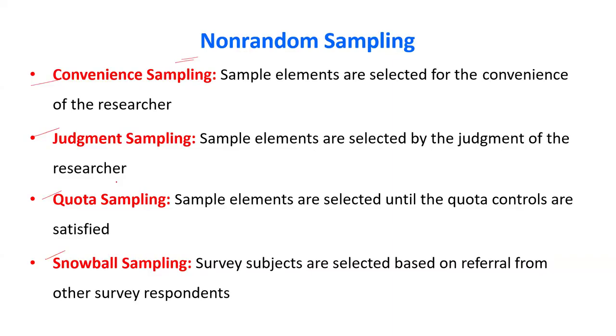Convenience sampling is where you select the sample elements based on your convenience, like your friends, your relatives, your neighbors. Or even for machine learning analysis, let's suppose you have access to one Excel file, and you will use it because you have access to it.